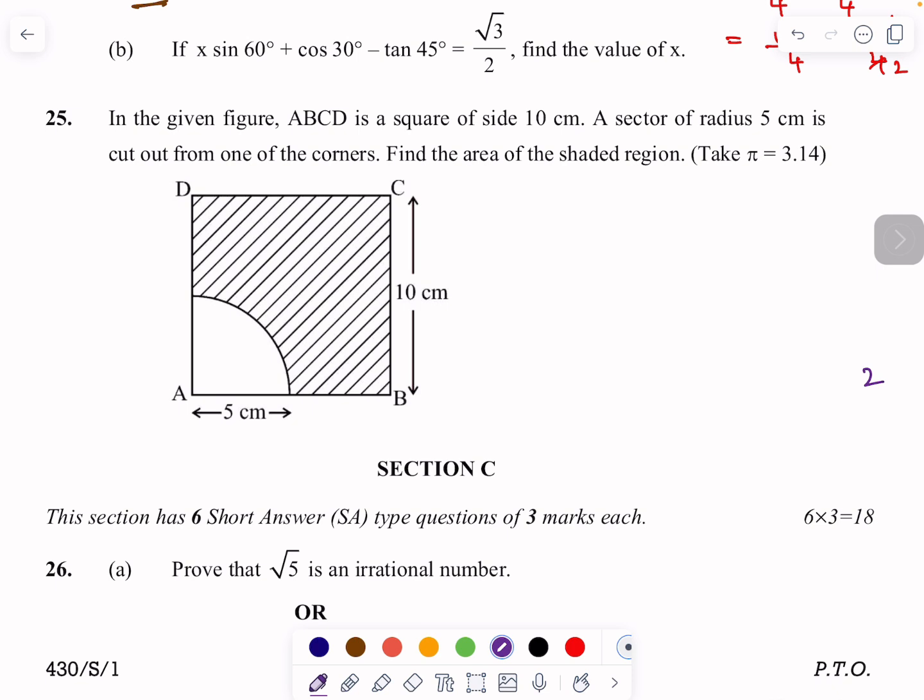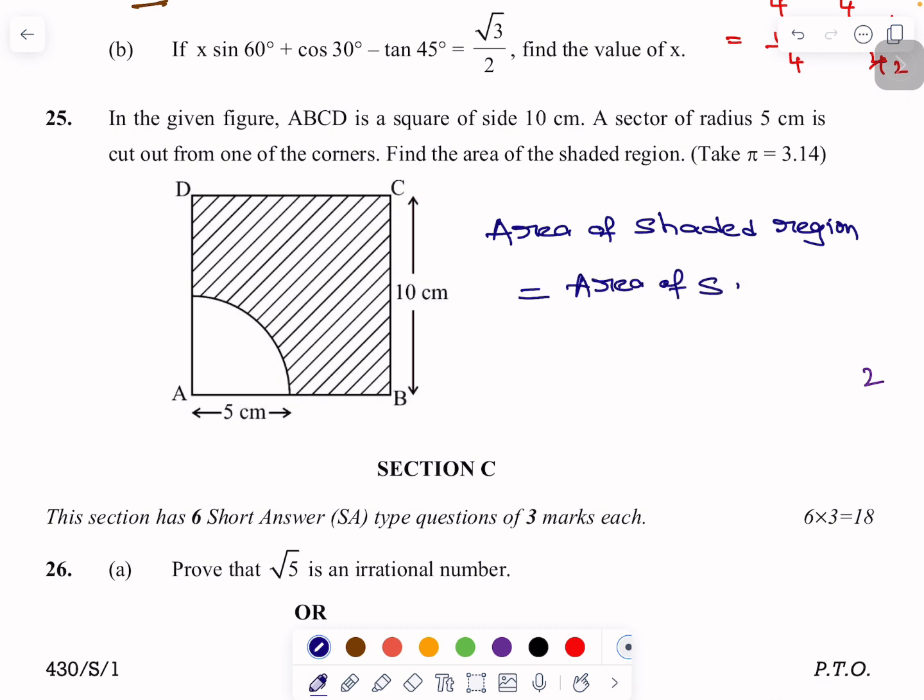To get the shaded region of this figure, just you see. ABCD is a square, so area of shaded region is equal to, how we can do this, area of square minus area of sector.